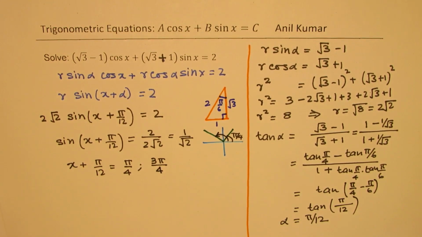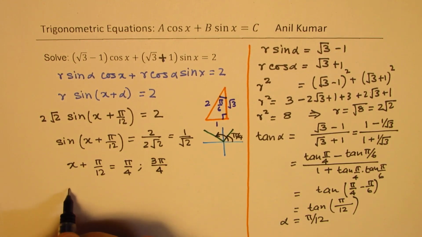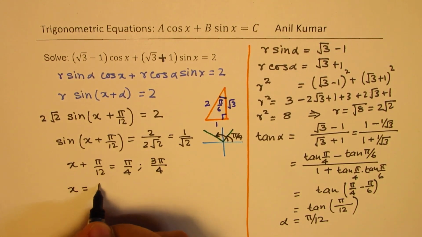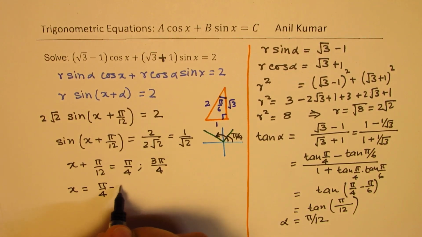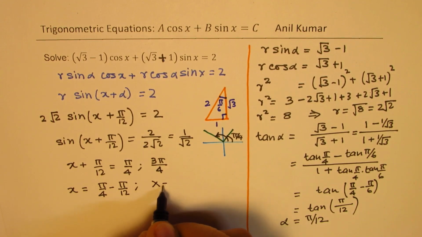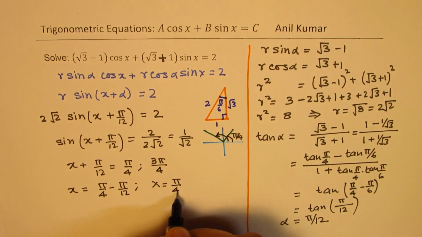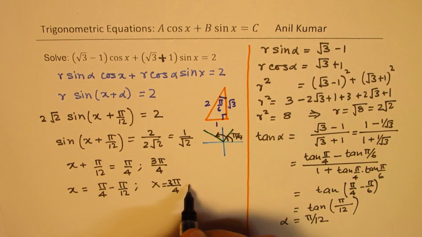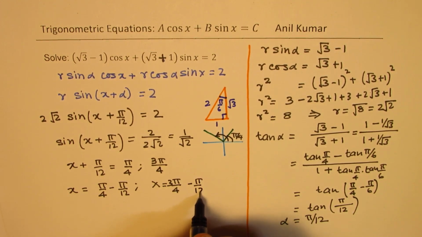Right? So those are the two solutions for us. Accordingly, we get x as equal to pi by 4 minus pi by 12, or we also get x equals 3 pi by 4 minus pi by 12, correct?